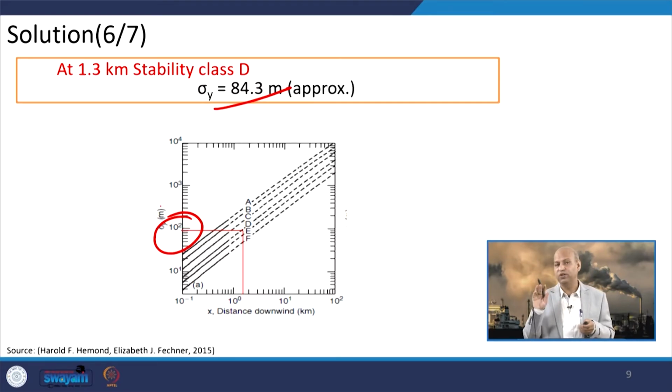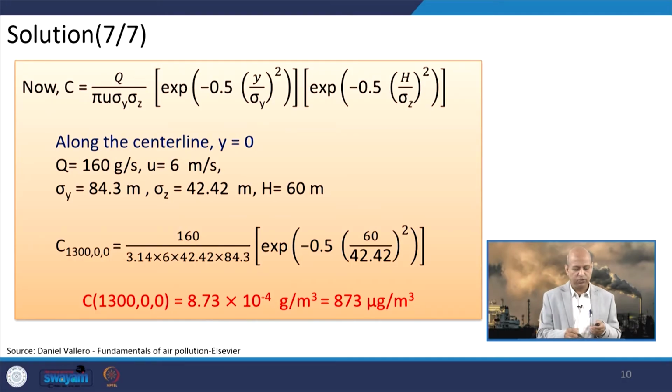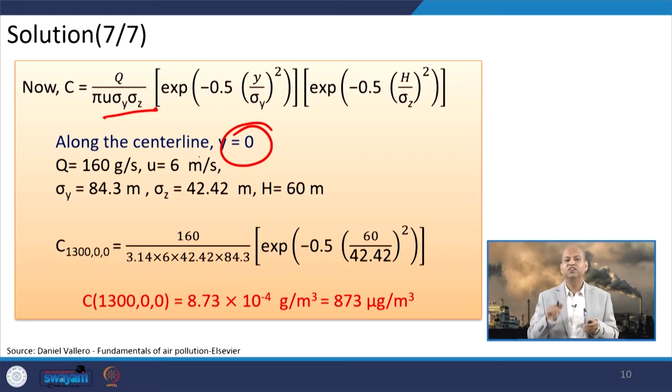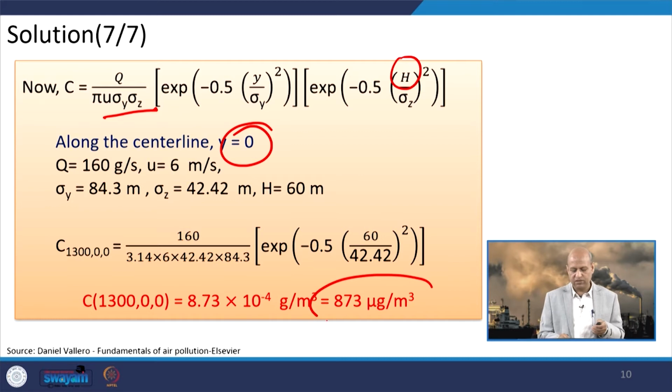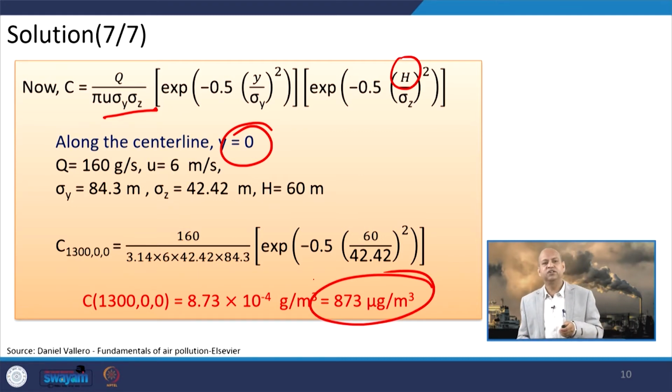Now, you have both values, sigma y and sigma z, you put those values. y is how much? 0, because the concentration is to be calculated at the center line, not away from the center line. So, y is 0, h again is the same 60 meter effective stack height. The sigma y and sigma z values have changed, and you get the maximum concentration, that is 873 microgram per cubic meter.